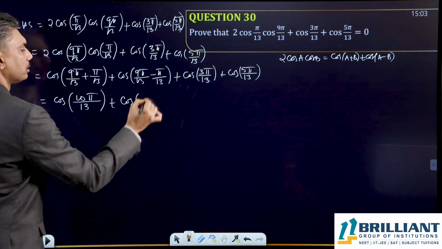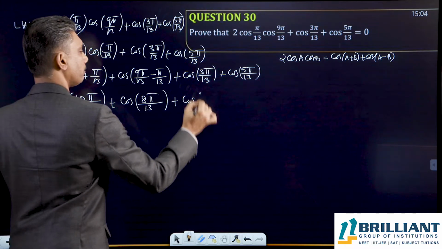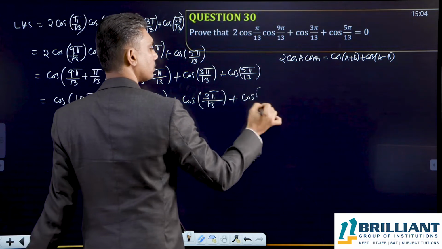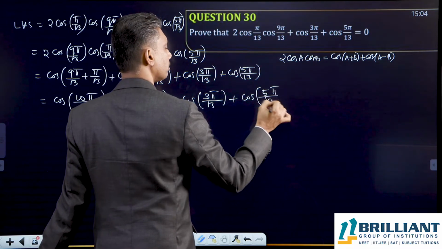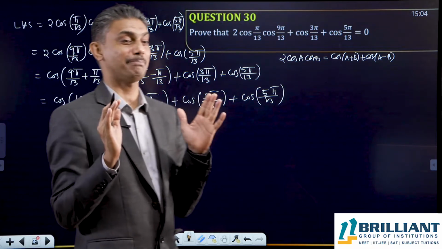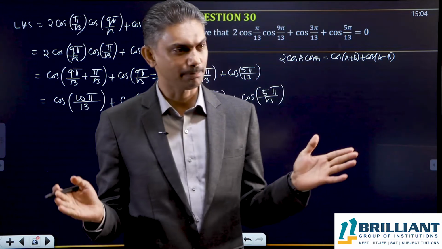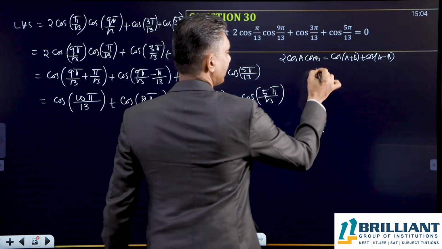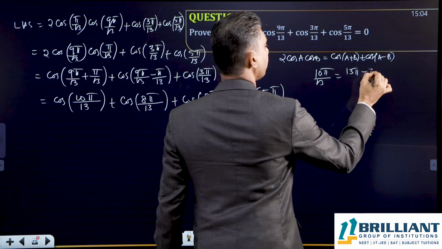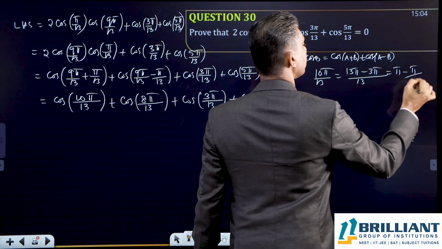Plus cos 8 pi by 13 plus cos 3 pi by 13 plus cos 5 pi by 13. Now, 10 pi by 13 you can write as 13 pi minus 3 pi by 13, that is pi minus 3 pi by 13.